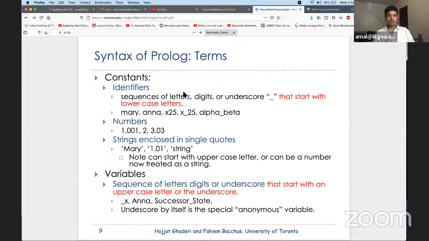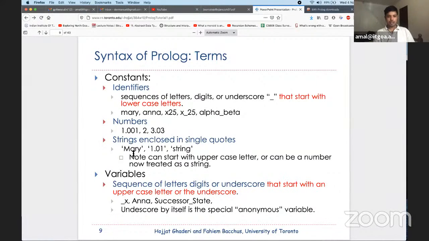Now, what are the rules? I already told you that there are two kinds of things in Prolog: atoms and variables. Atoms are also called constants. A sequence of letters, digits, underscore that starts with a lowercase letter. Anything which starts with a lowercase letter is a constant. So for instance, mary, anna, x25, x_25, alpha, beta, etc. are atoms. Numbers are also atoms, also constants: 1.001, 2, 3.03, and so on.